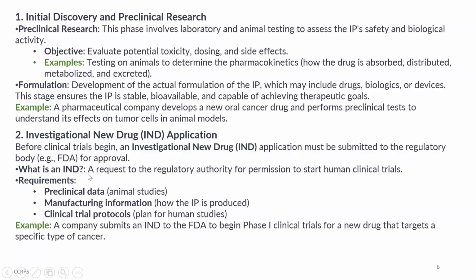So what is an IND? Investigational new drug application: a request to the regulatory authority for permission to start human clinical trials. Requirements: preclinical data, the tests conducted on animals; manufacturing information, how the IP is produced; and clinical trial protocols, the plan for human studies.